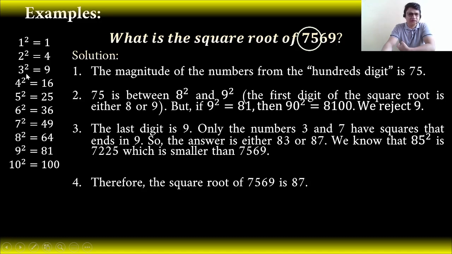We have 3 squared is 9 and 7 squared is 49. So the answer is either 83 or 87. We know that 85 squared from our previous tutorial is 7,225, which is smaller than 7,569. So obviously, the square root of 7,569 is 87.